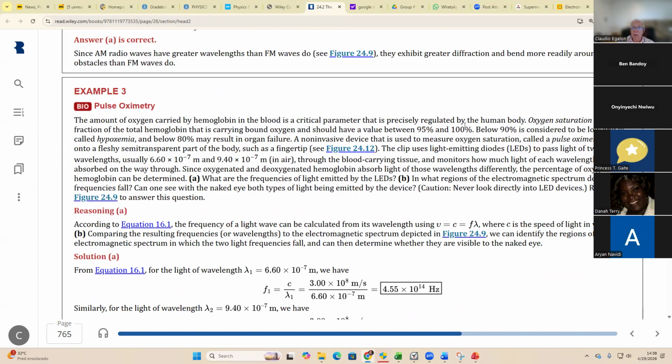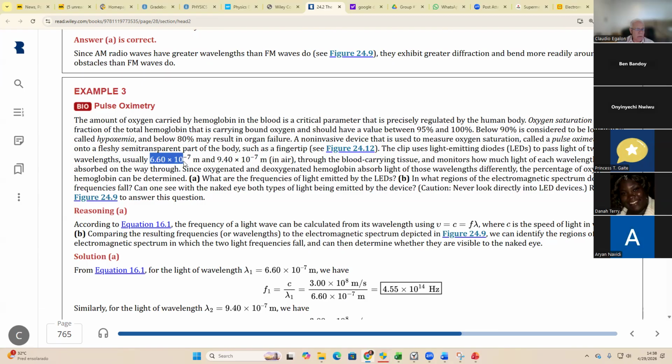Okay, a non-invasive device that's used to measure this is called the pulse oximeter. It clips onto a fleshy semi-transparent part of the body, like your fingertip. The clip uses light-emitting diodes to pass light of two wavelengths.